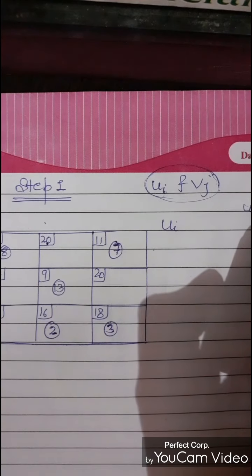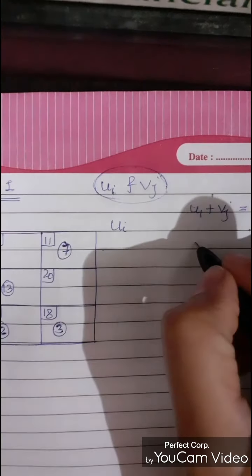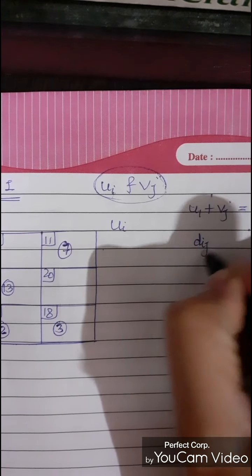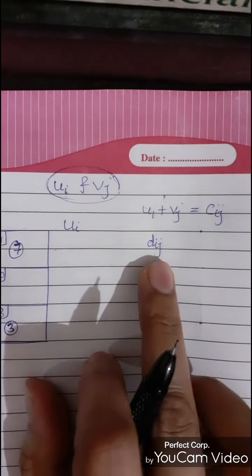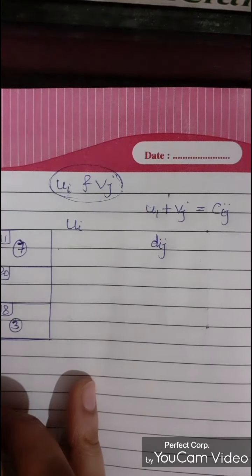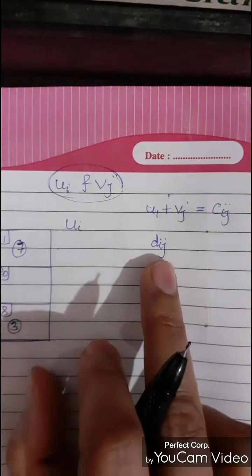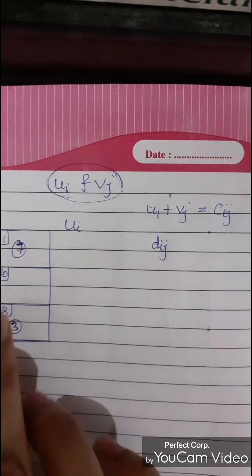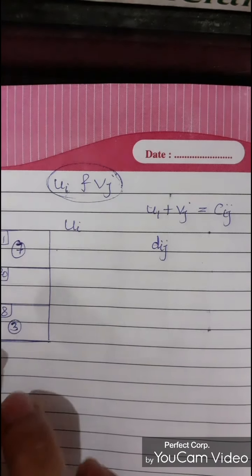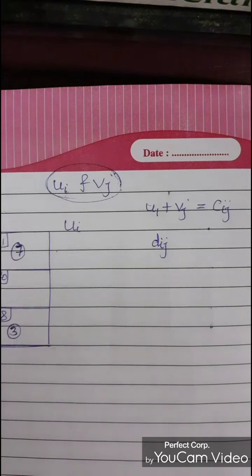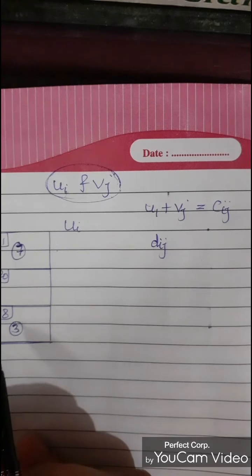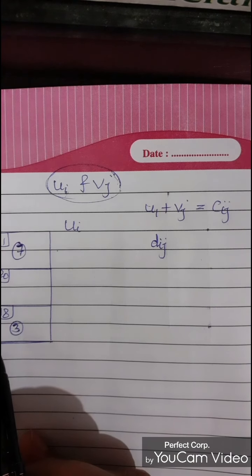What we actually have to calculate is Dij, which decides whether this transportation problem has an optimal solution or not. So the value of Dij decides whether the loop will be formed in such a manner that the optimal solution can be obtained or not.